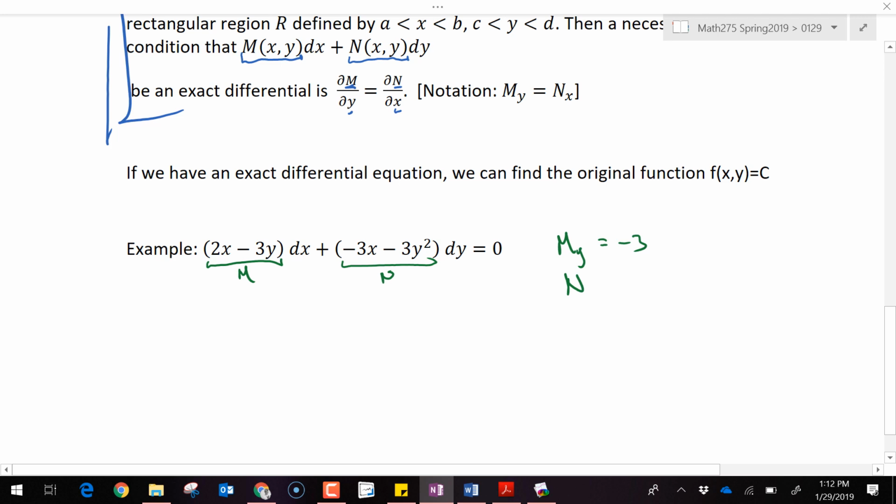And n, we want to take the derivative of n with respect to x. So that's also -3. So these two are equal, right? So we can say that this is exact. And then we move on. We'll try to solve for it.